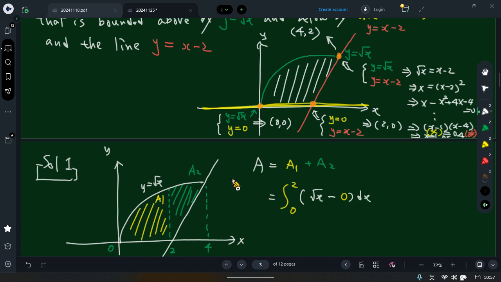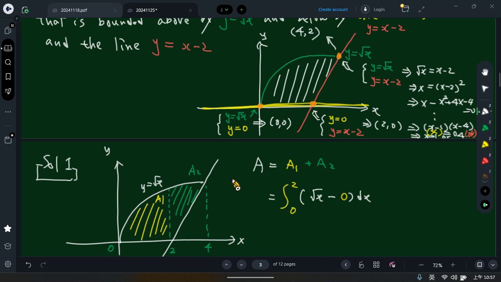Why this one? Because the upper curve is y is equal to square root of x, then the lower curve is 0. So we just use this to subtract this so that we can get A1.